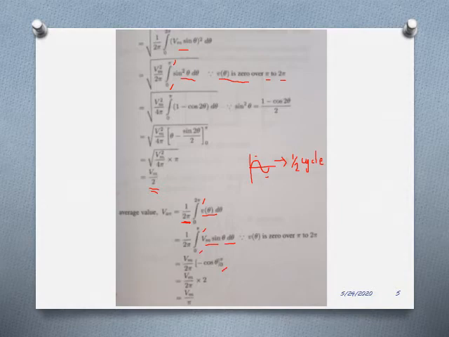And substituting for V of theta, it becomes square root of Vm square divided by 2 pi integral 0 to pi sin square theta d theta. Now rest of the calculation is exactly similar to the sine wave and full wave rectified output. So finally you get the answer as Vm by 2.